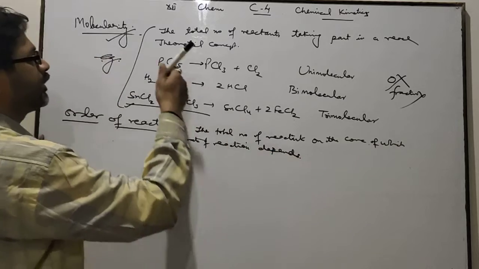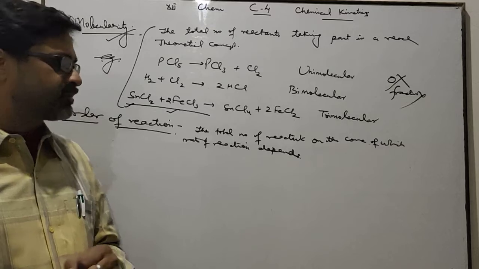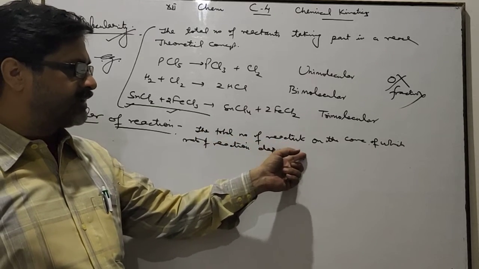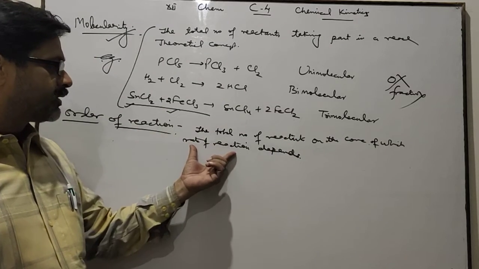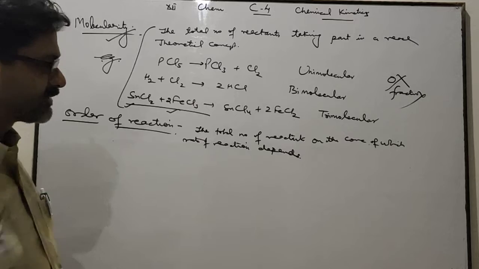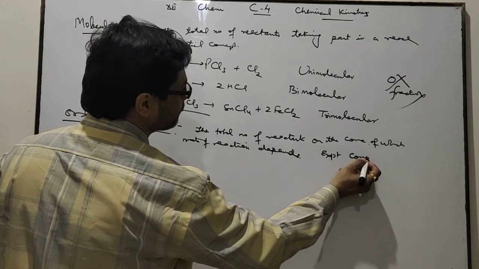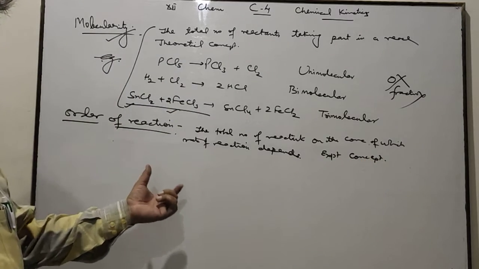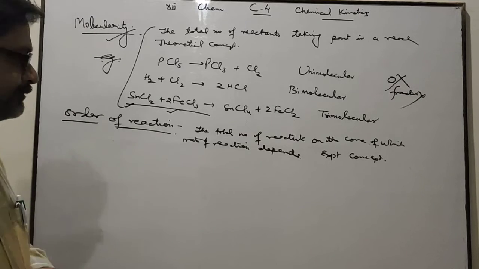Molecularity is only the total number of reactants taking part in the chemical equation, but order is the number of reactants on whose concentration the rate of reaction depends. It is an experimental concept. Anybody can't tell the order of reaction just by seeing the chemical equation.